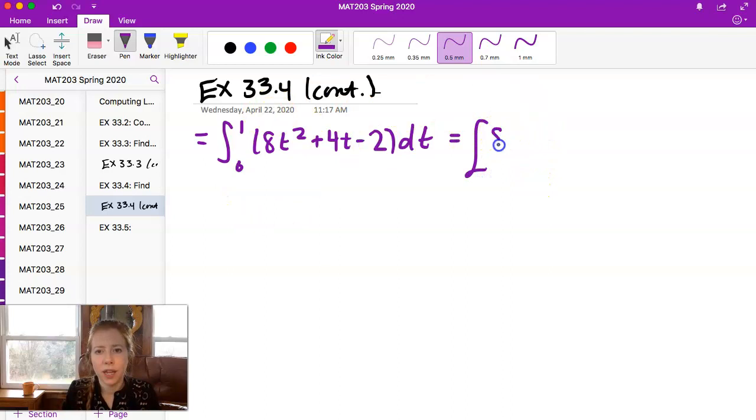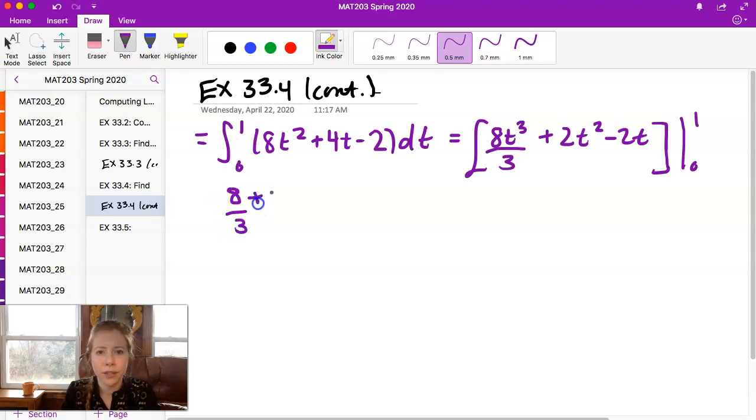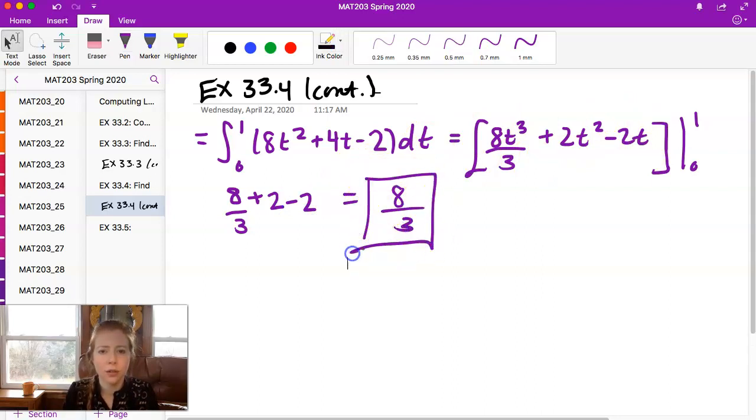And so we end up with 8t cubed over 3 plus 2t squared minus 2t from 0 to 1. And so we just end up with 8/3 plus 2 minus 2 minus 0, which is 8/3. And that is it there. So kind of fun, right?